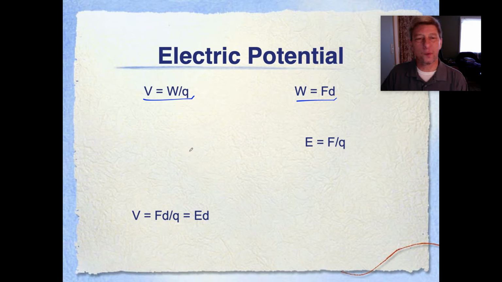So work is equal to force times displacement. In this case, I can say that voltage is going to equal force times displacement over charge. But I also know that force over charge is the electric field intensity, so I can set the term F times D over Q equal to E times D. Voltage is also equal to E times D, electric field intensity times displacement.